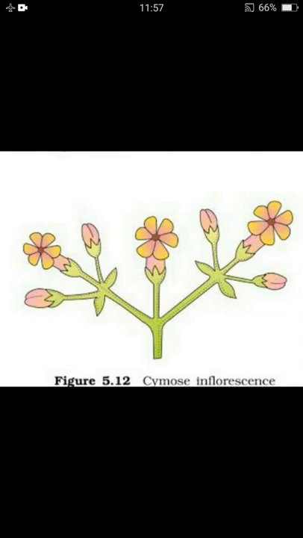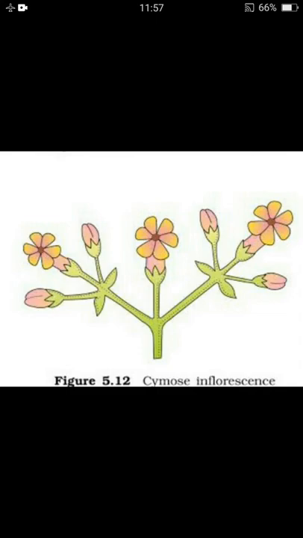What is meant by basipetal order? This is very important for competitive examination. Let's see. Basipetal order means all the new flowers are borne at the basal region, at the bottom region.